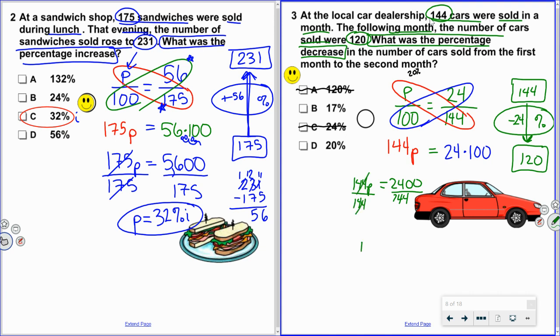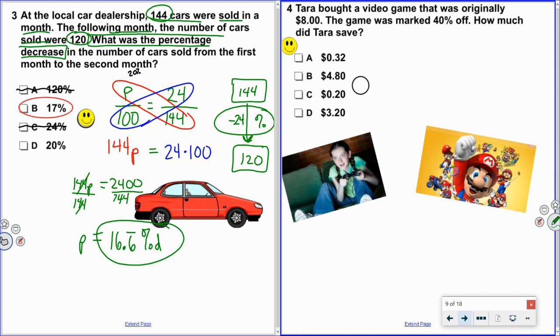And in this case, ladies and gents, it actually goes on and on. I do believe it ends up being 16.6 repeated. So if I had to choose one of these, 17% would be a better answer for it. So again, you see similarities, you see differences. Pause, rewind if you want to listen to those three again.